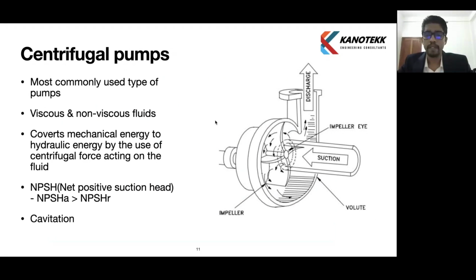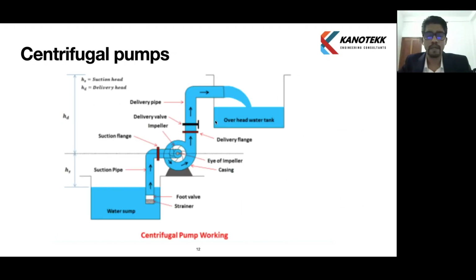When we deal with a centrifugal pump, we have to know two factors, NPSH and cavitation. We saw a small brief about it in the video. NPSH is net positive suction head, and we will see what cavitation is. This diagram shows a water sump and the suction pipe where the pump is installed.